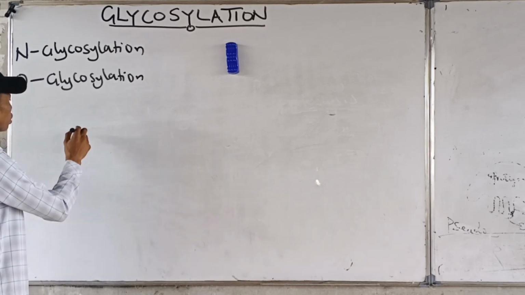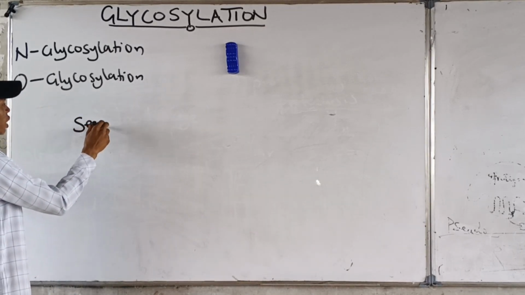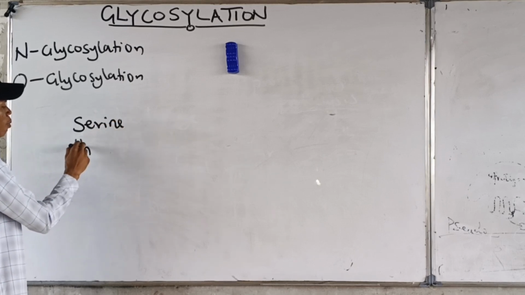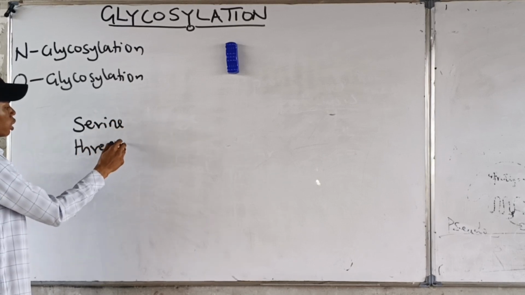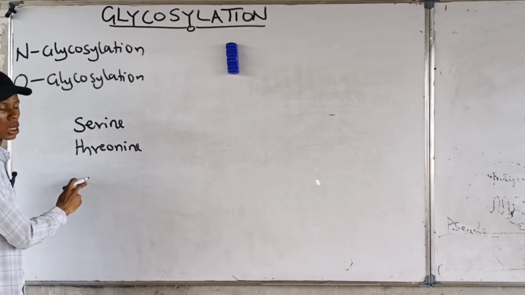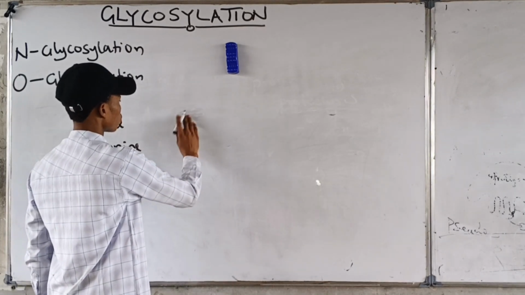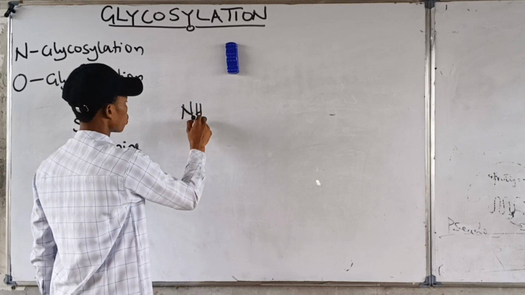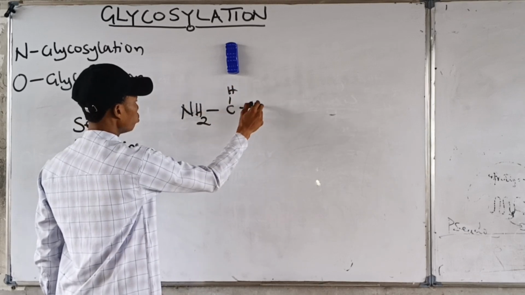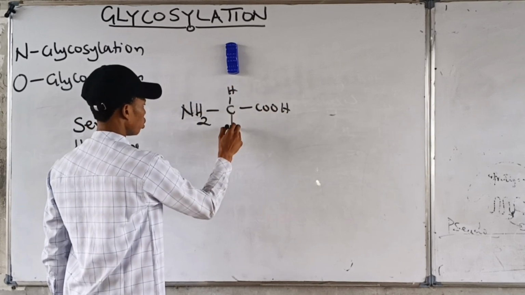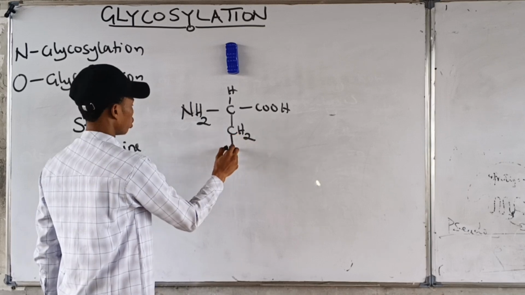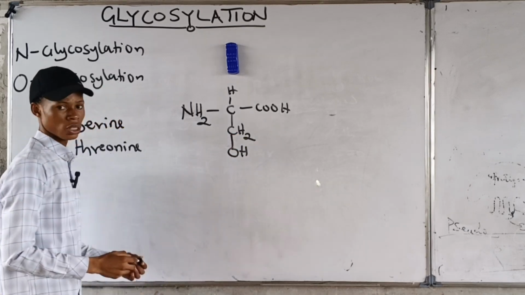Now, you know serine and threonine are OH containing amino acids. If you look at the structure of serine, let me use serine. Now, this is the structure of serine.